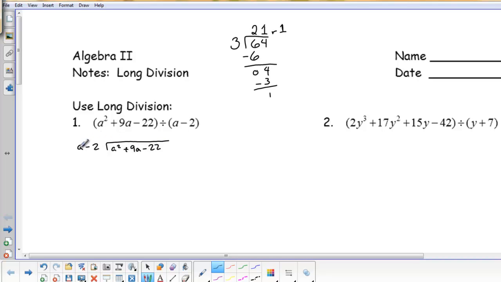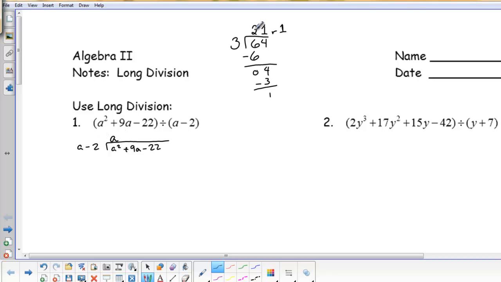And now we're going to do our division. How many times does a go into a squared? That is a times. The other way to look at it is, what number times a equals a squared? And that's how we get that first number.